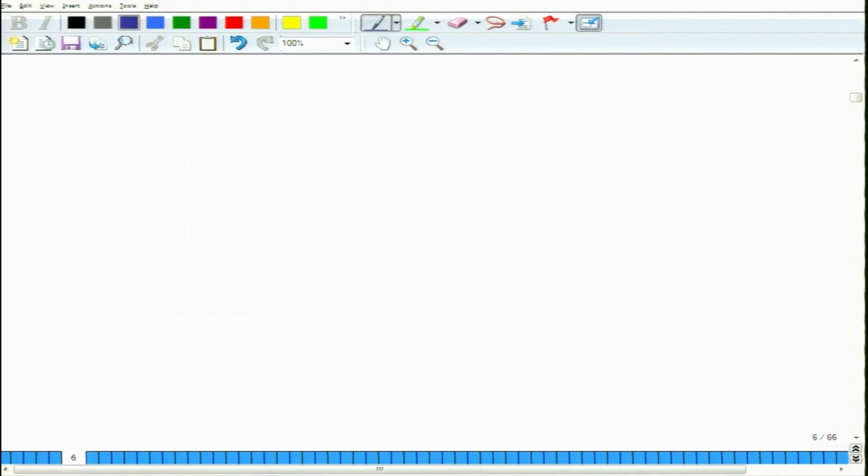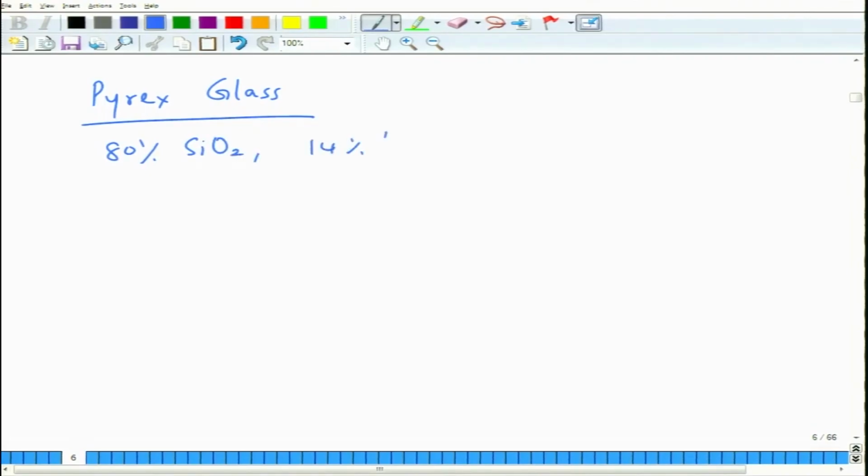So, there are typical glass compositions which I will now list. First one is Pyrex glass, which is a very well known name that you might have heard of. This contains 80% silicon oxide, 14% boron oxide, and 4% Na2O, and it has a softening temperature of around 550 degrees centigrade.